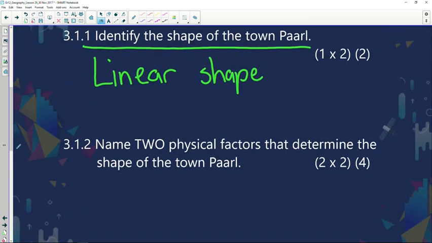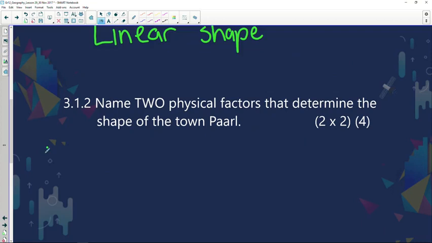So we just looked at it. On the one side, we have this massive Paarl Rock, the granite domes. It's a batholith that's been exposed because of weathering and erosion. And on the other side, we have the Berg River. That's the reason why the infrastructure is linear in shape, because it has to fit in between the two areas. They can't build on the steep gradient because it's too expensive, and obviously they can't build further down the valley because that's where the river is.